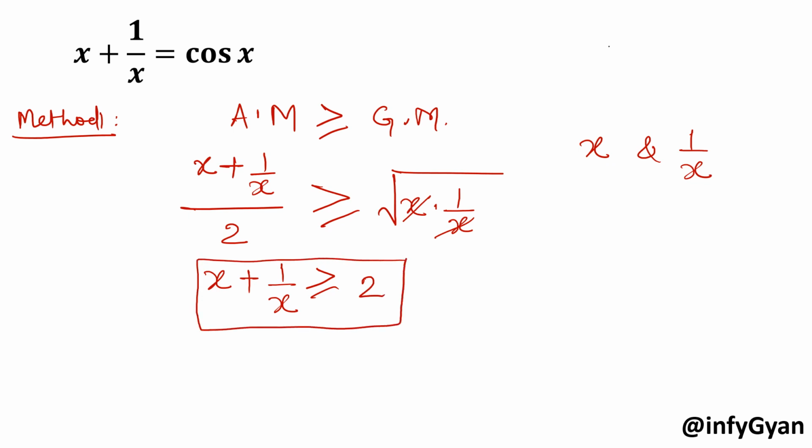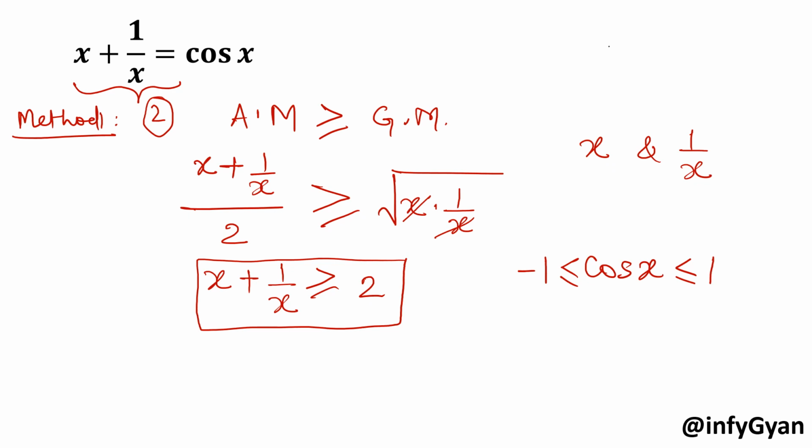Means the minimum value of the left side is 2. It should be greater than or equal to 2, means the minimum value of the left side is 2 or greater than 2. Now come to the right side. As we know, the cosine function is always greater than or equal to minus 1 and less than or equal to 1.